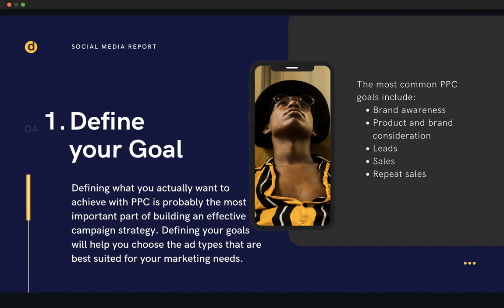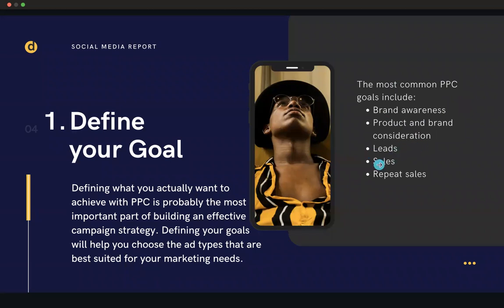So yesterday we already spoke about ad objectives, but now I will be explaining them in 5 groups. For a typical business, regardless of Facebook ads or wherever, you want one of these 5 things. You either want brand awareness, or you want people to consider your brand, or you are a client-facing product, so you want to get people's phone numbers and emails.